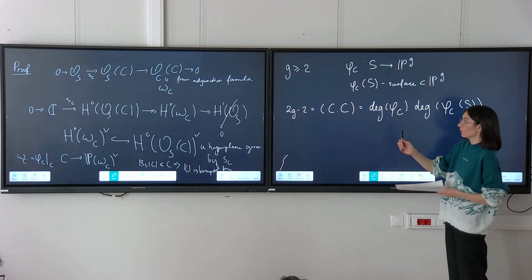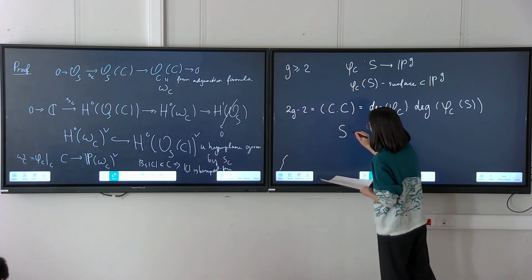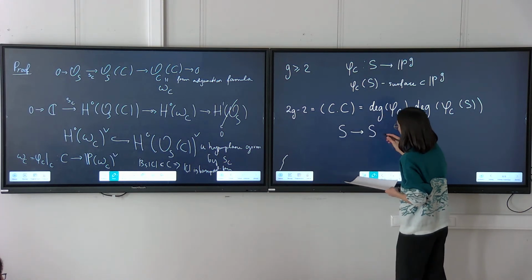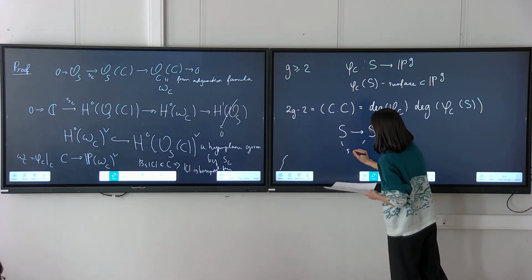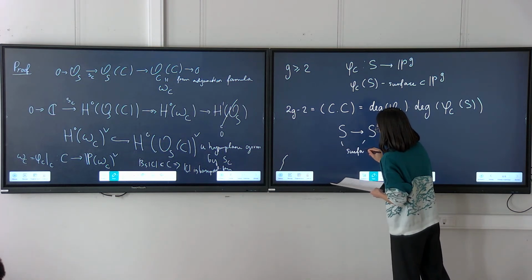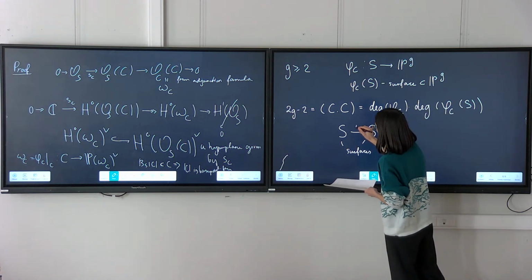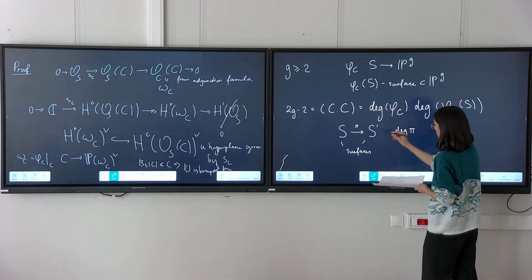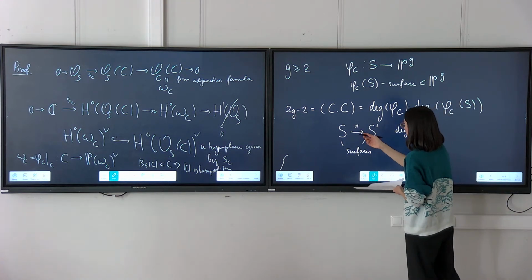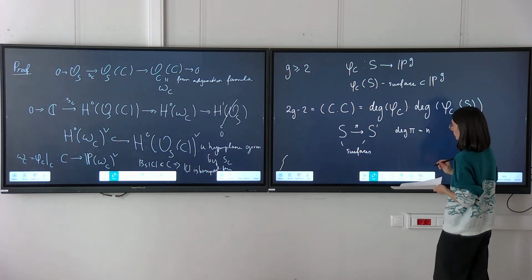Yeah, please. Okay. So suppose we have a map between two surfaces. This is a generically finite map, and the degree of the map is equal to n.